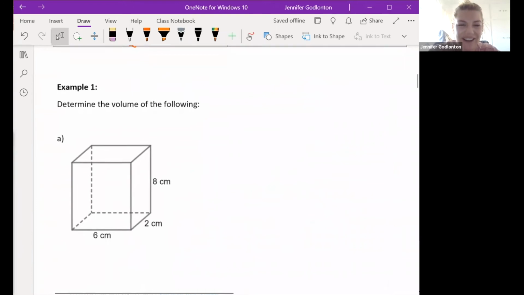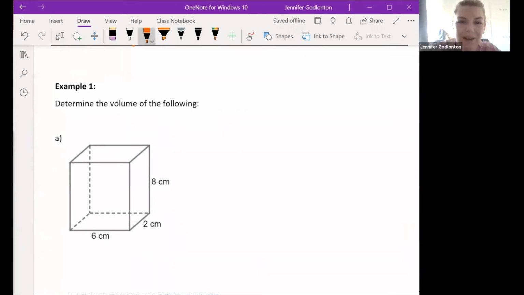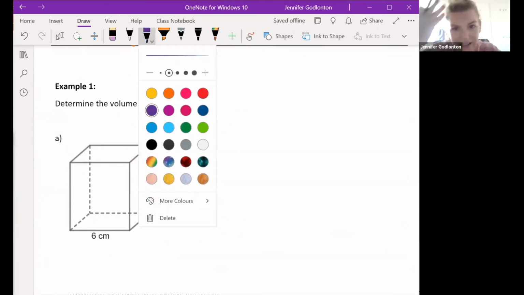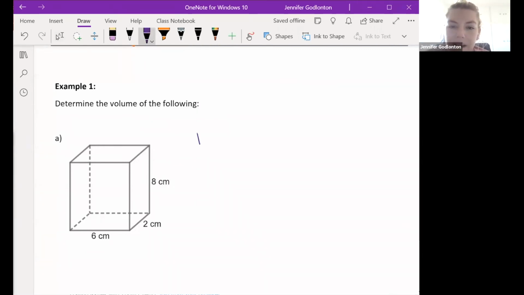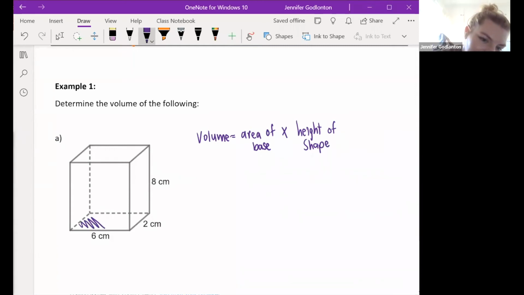So if we're trying to find the volume here, I'm just going to keep on writing this formula until it sinks into your mind. Whenever we're working out volume, we're working out the area of the base times the height of the shape. So if we're having a look over here, this would be the area of my base, and this would be the height of my shape.